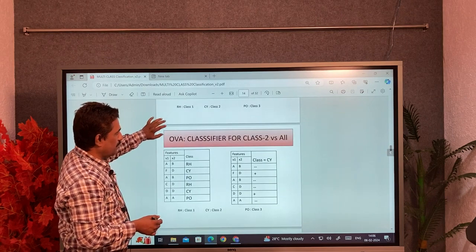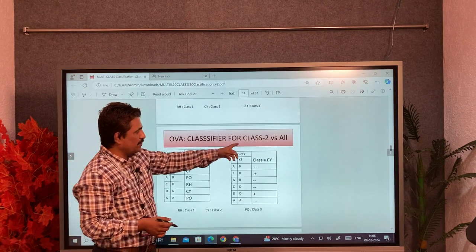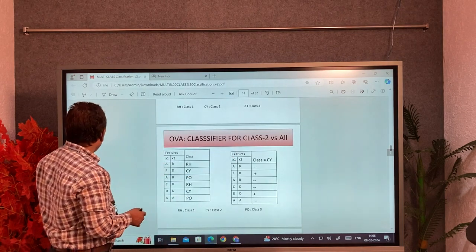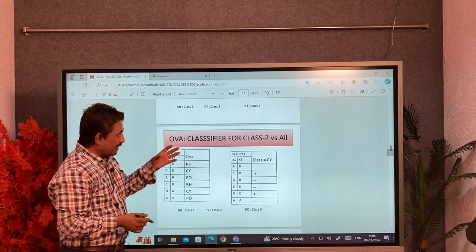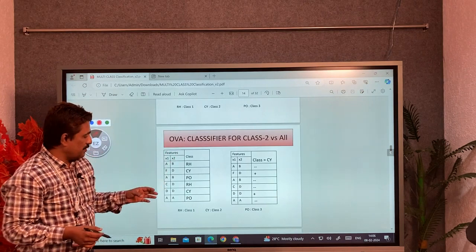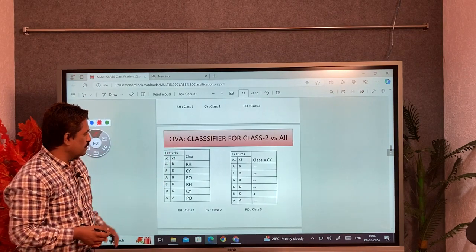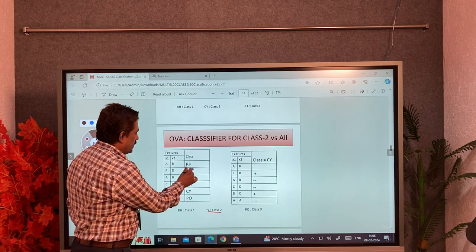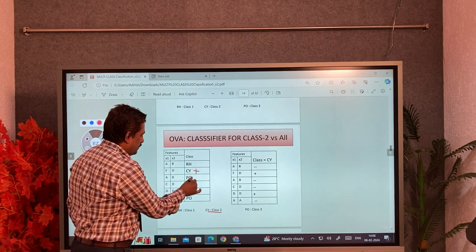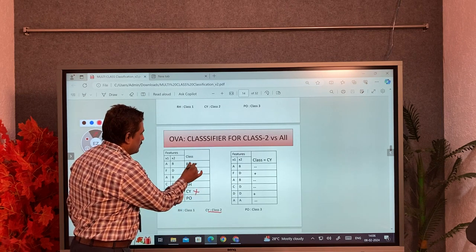So we have done it for class 1, so we have to do it for class 2 also, with a similar procedure. We are modifying the training data set: class 2 versus not class 2. So wherever class 2 is there, mark it as plus, and the remaining as minus.